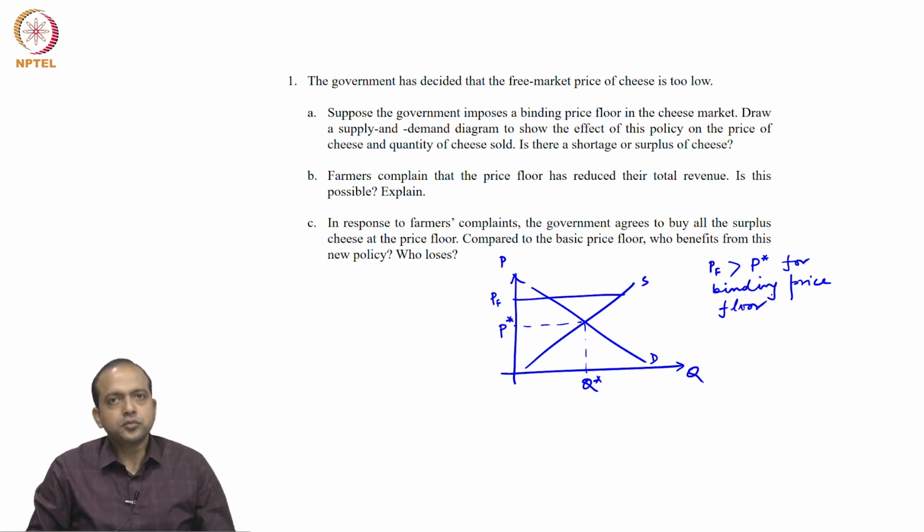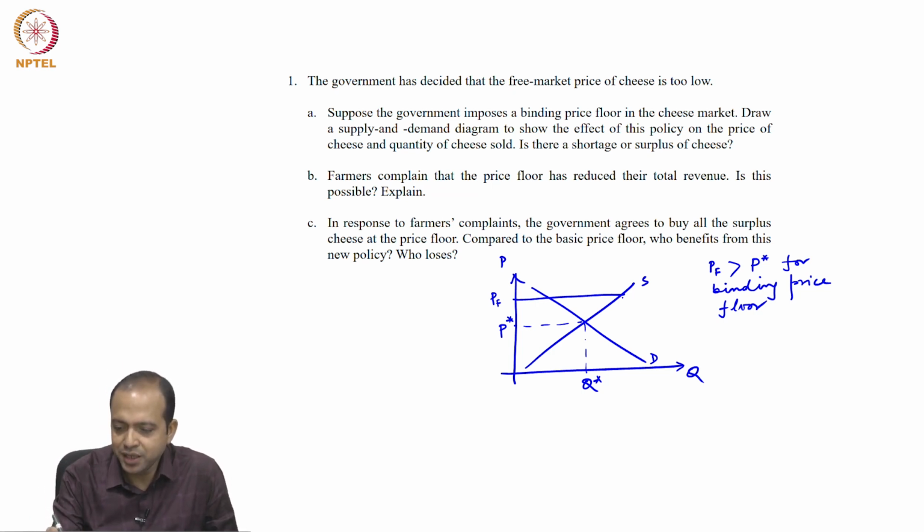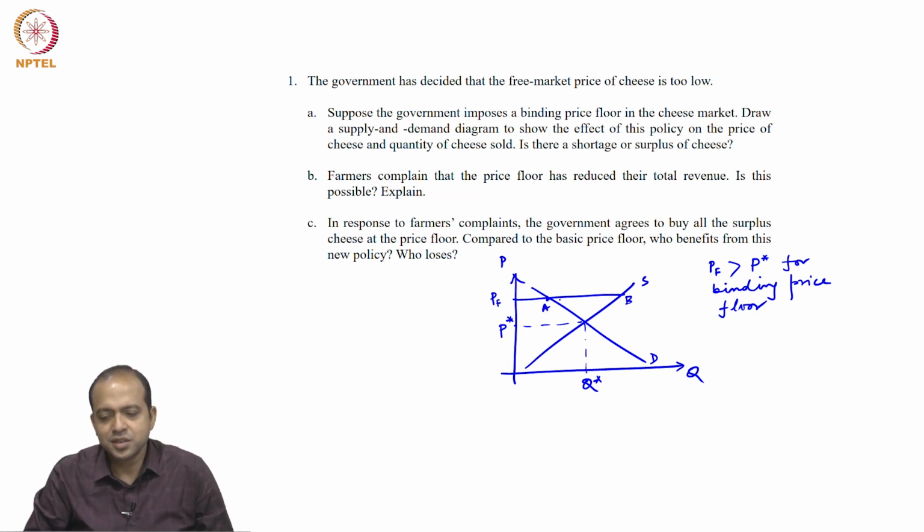Okay. Now, this is the diagram, and from the diagram itself it is very clear whether there is shortage or surplus. So, at PF the supply is up to the point, let us say this is B, but the demand for cheese is determined by the point A. So, that means supply is much more than the demand.